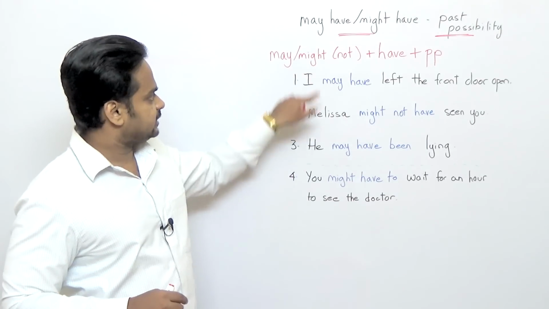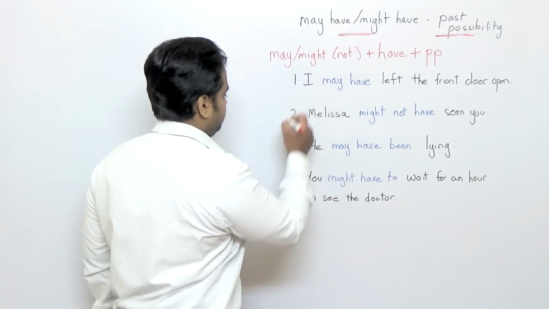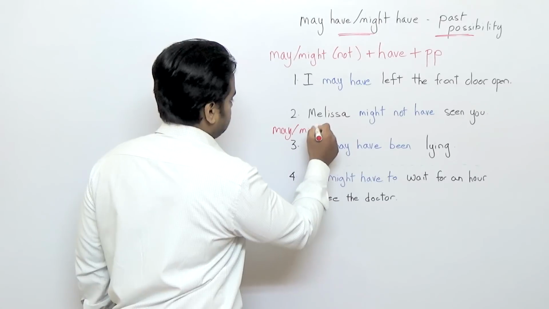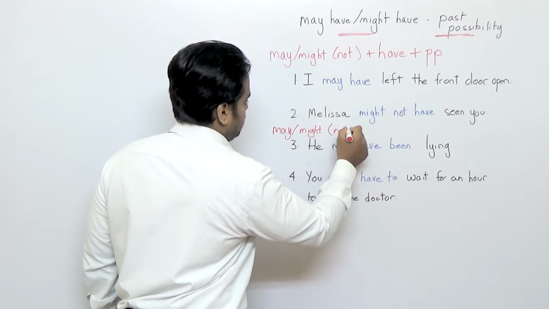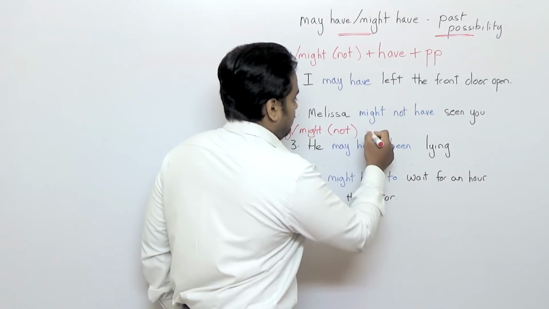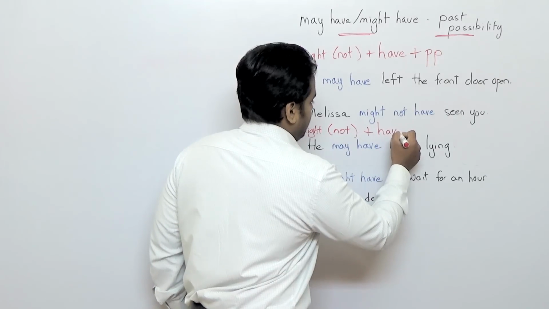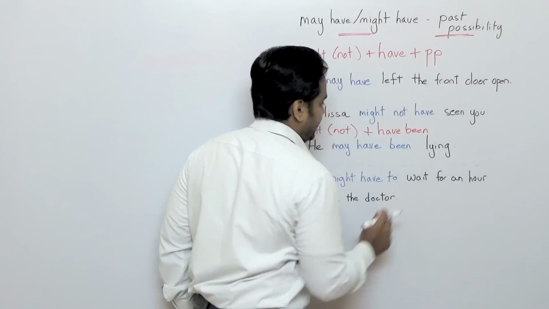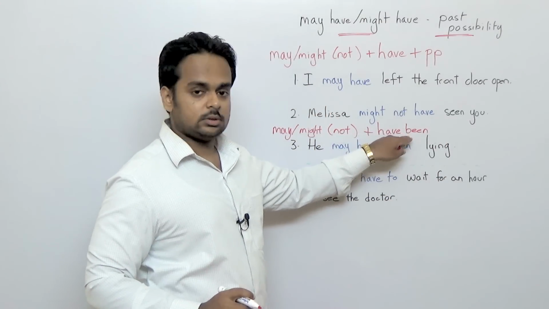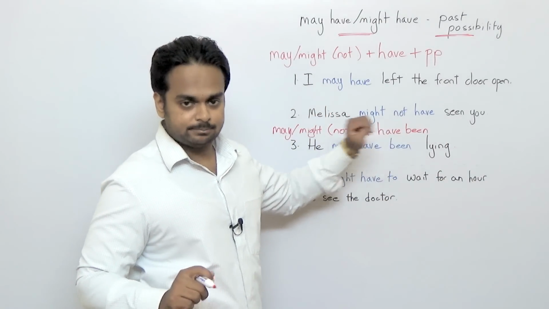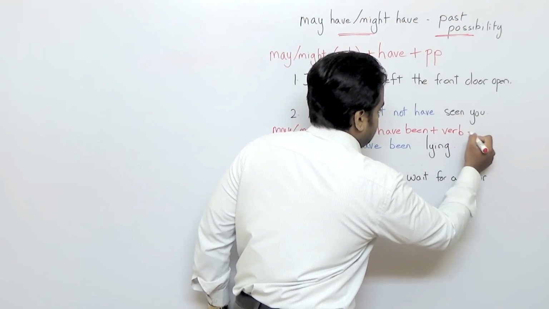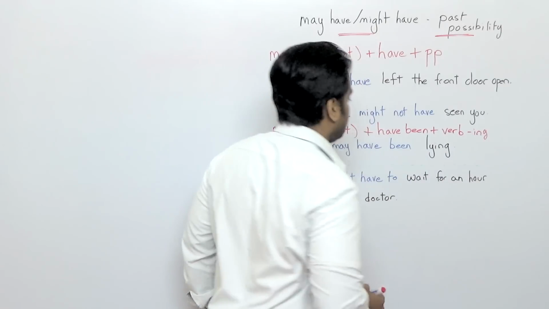And this form is slightly different because you have may or might, and of course you can have not, but you've got have, but you always also have been. And this also does not change. It is fixed. And after that, you have a verb in the ing form.